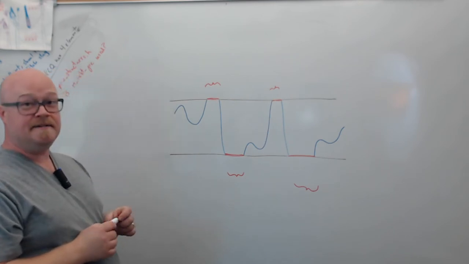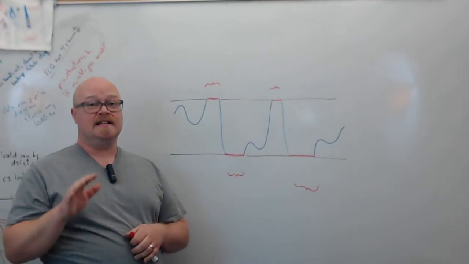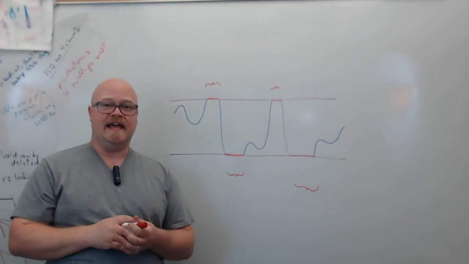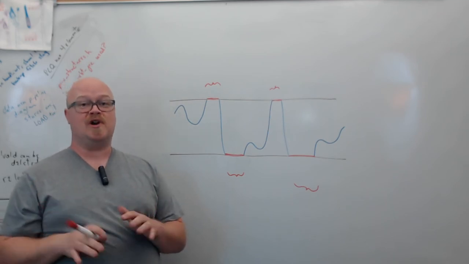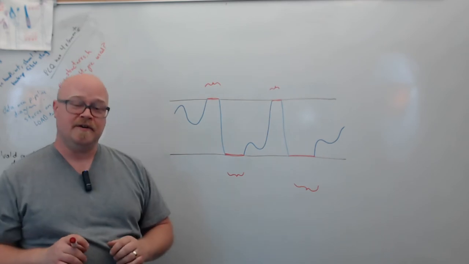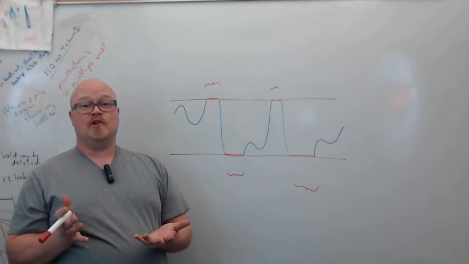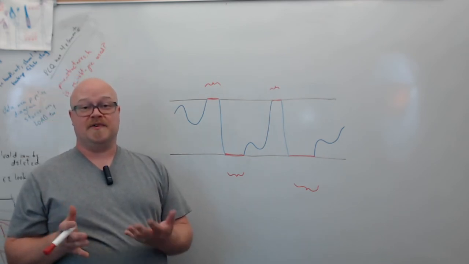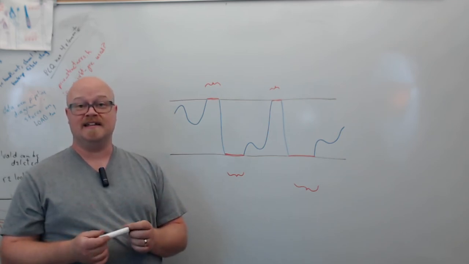Now, this doesn't only happen in the analog to digital conversion process where we're taking a signal from the outside world inside the computer, right? Sometimes inside the computer we actually have scenarios where this same kind of action might need to take place.